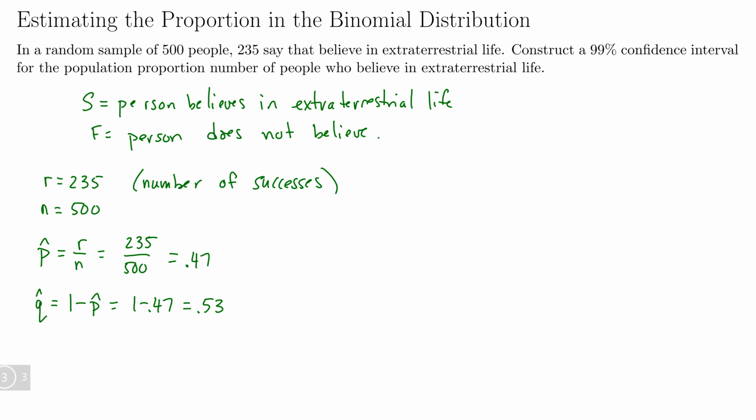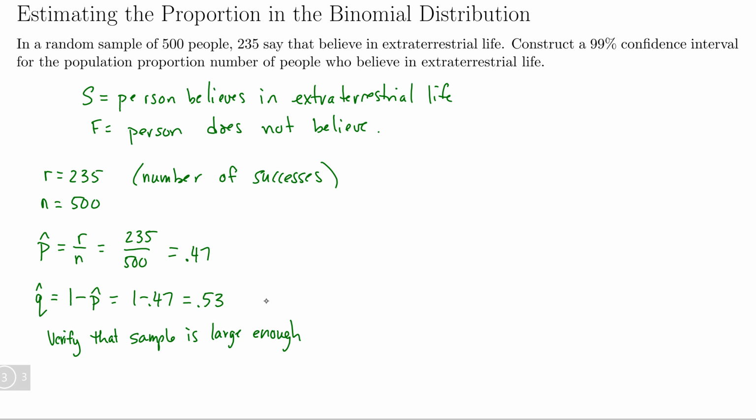The next thing we have to do is verify that the sample is large enough to use the normal distribution. We do this by calculating n times p hat and n times q hat. As long as both values are greater than 5, then this sample is large enough to use the normal distribution.